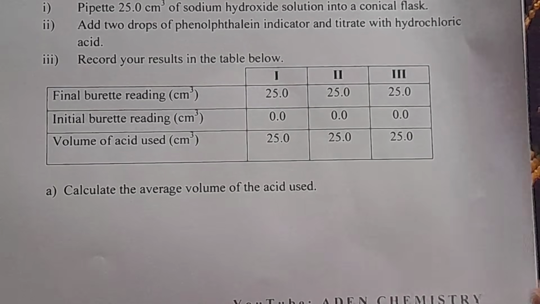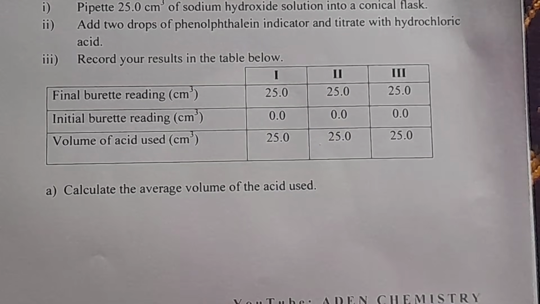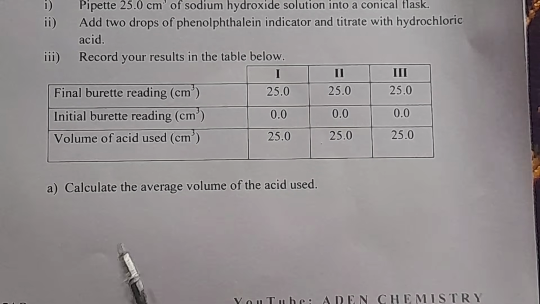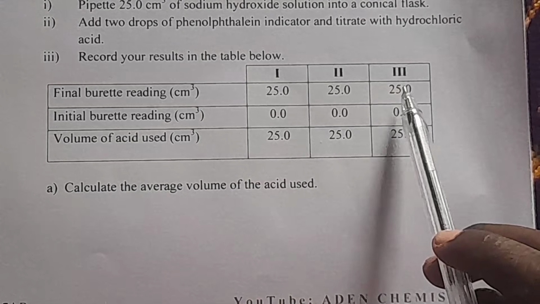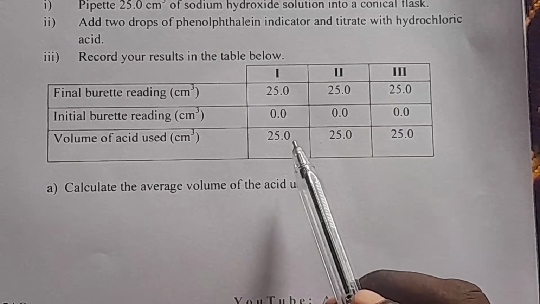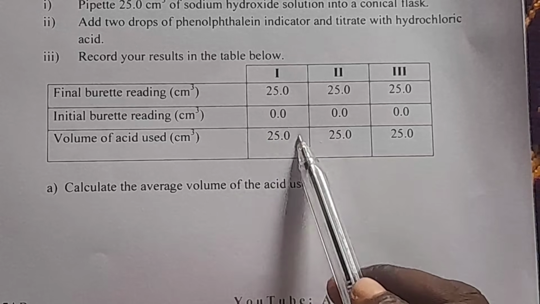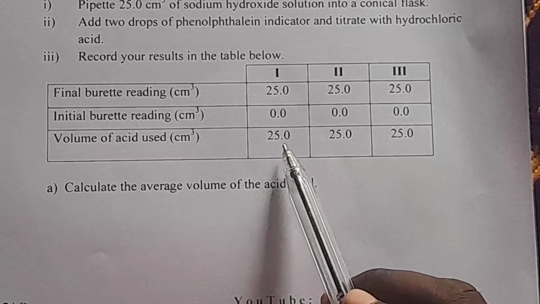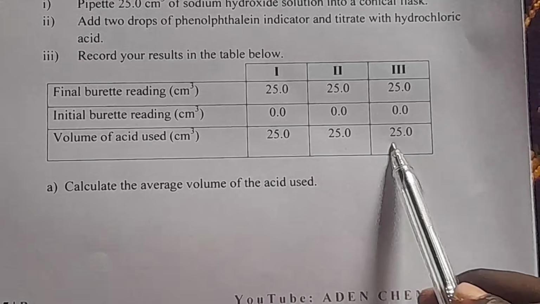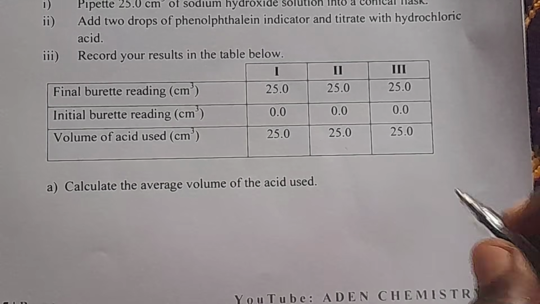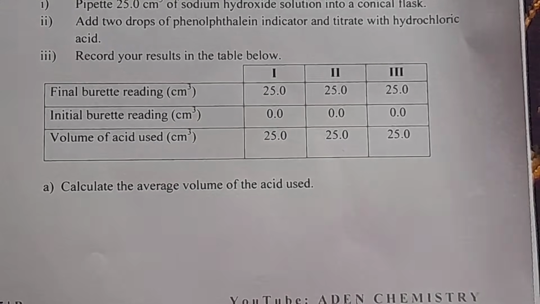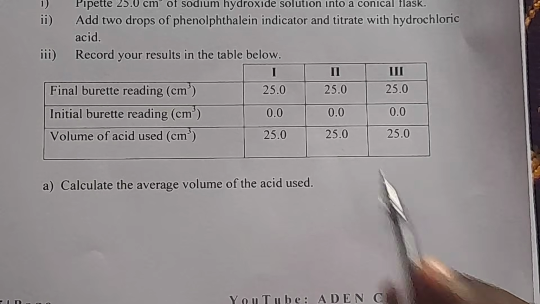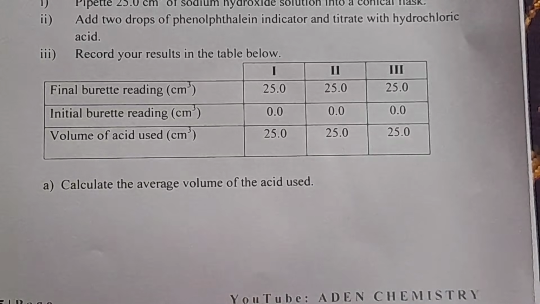So part A of the question, we are told to calculate the average volume of the acid used. Here we did 3 titrations, and the volumes are 25.0, 25.0, 25.0. All of them are in the range of plus or minus 0.2, so all of them can be added and divided by the number of titrations that you have done.